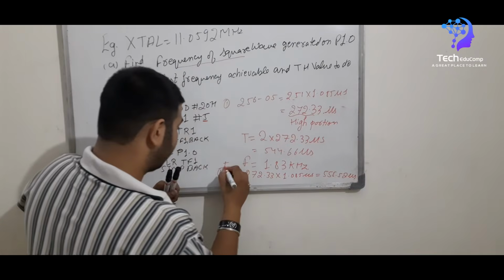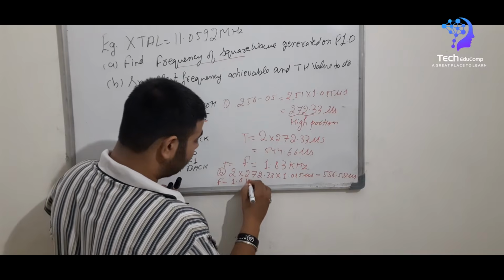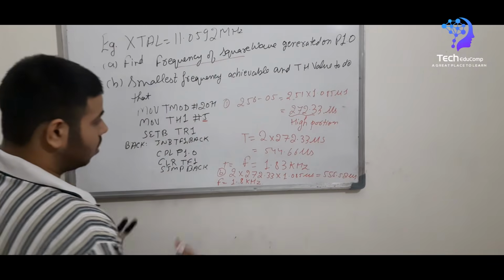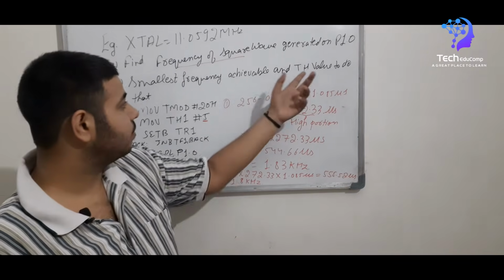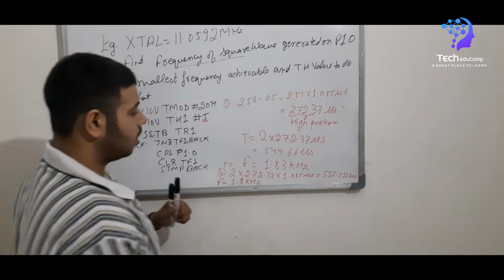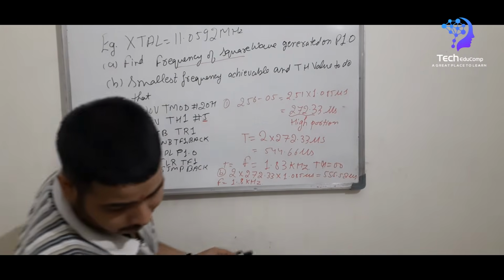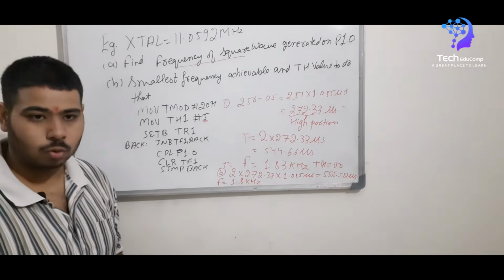This is the time, and the frequency which will be achieved is 1.8 kilohertz. So this is the smallest frequency achievable, and the TH value is 00. So this was the example of mode 2 timer.